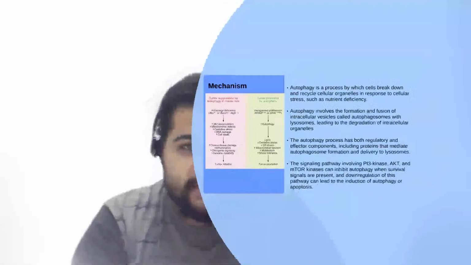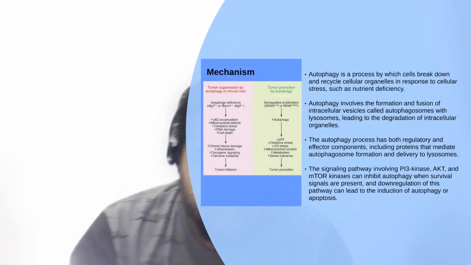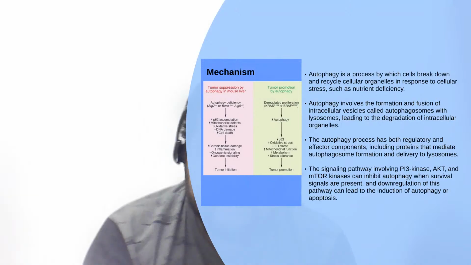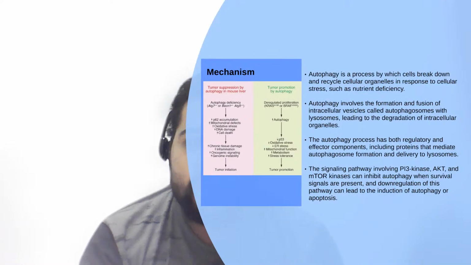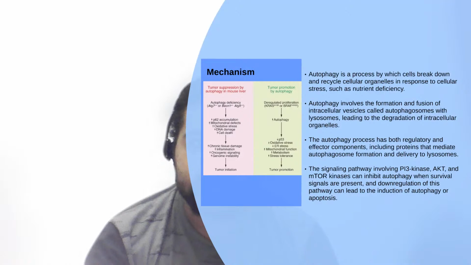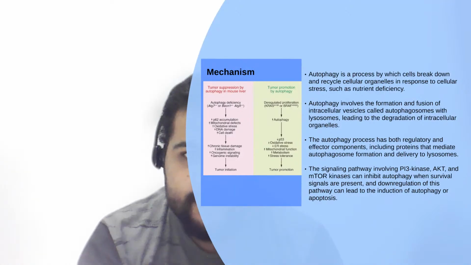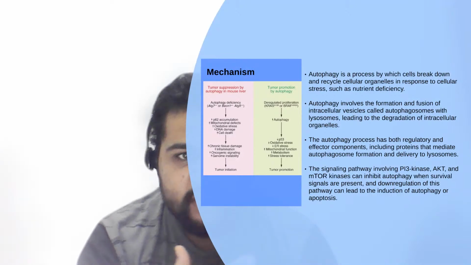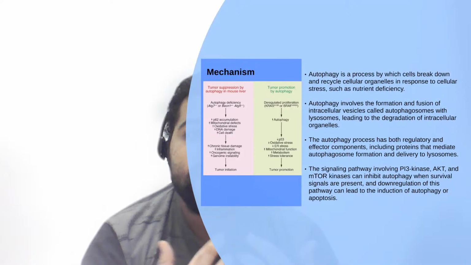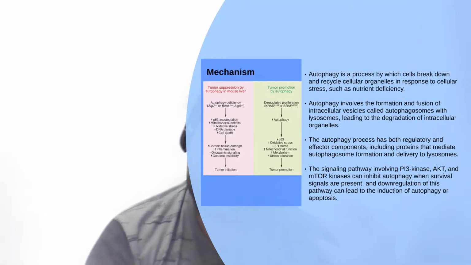Now, for starters, what's the mechanism of autophagy? Autophagy is basically a process by which cells break down and recycle cellular organelles in response to cellular stress, such as nutrient deficiencies, right? Autophagy involves the formation and fusion of intracellular vesicles called autophagosomes with lysosomes, leading to the degradation of intracellular organelles.